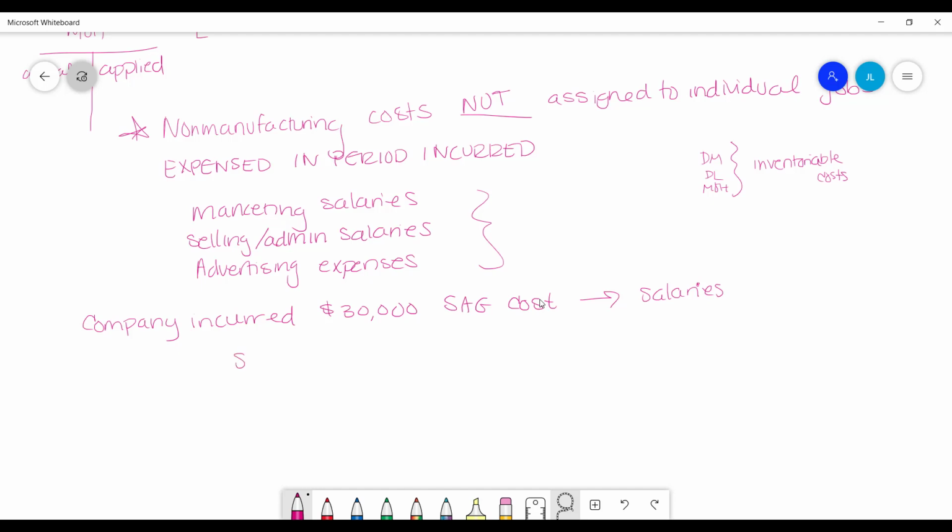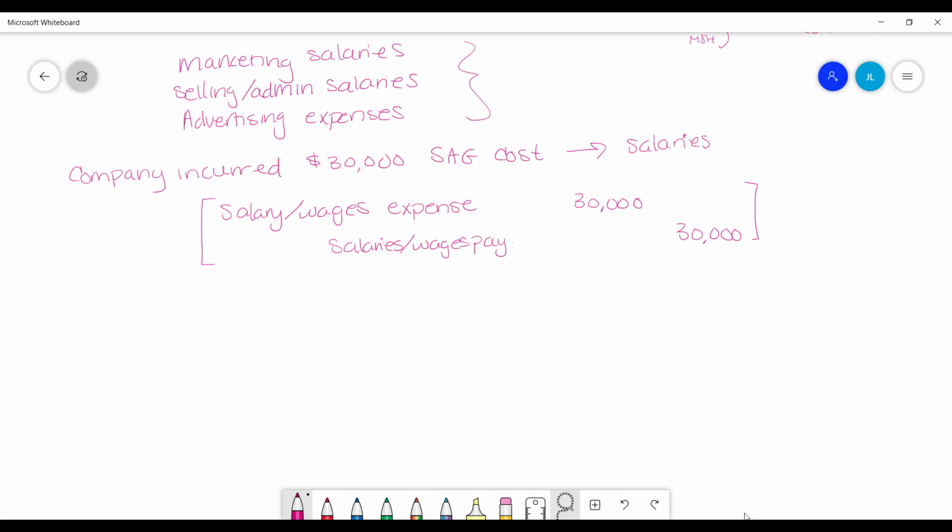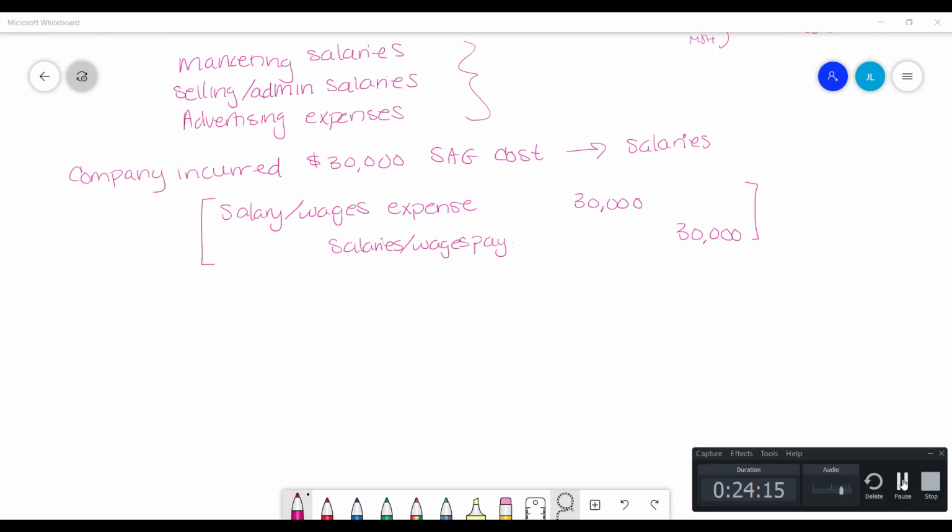So in this case, since we're talking about salaries, we would debit salary/wages expense for $30,000, and then we'll credit salaries/wages payable for $30,000 as well. And again, if this were already paid in cash, we would use cash instead. But here we're crediting salaries payable. So that shouldn't be any different from what we're used to in financial accounting.